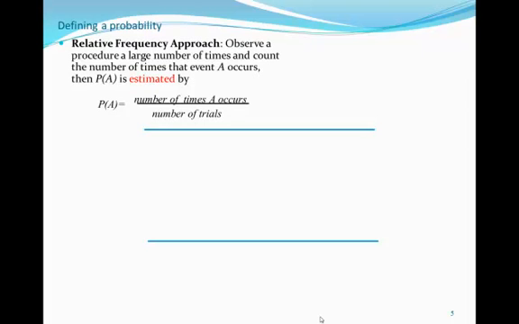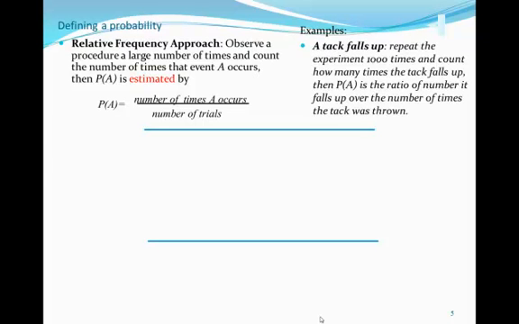Let's learn how to define a probability using 2 different approaches. First one is called relative frequency approach. So basically observe a procedure a large number of times and count number of times that event A occurs. Then the probability of A is estimated by P(A) equals number of times A occurs divided by number of trials.